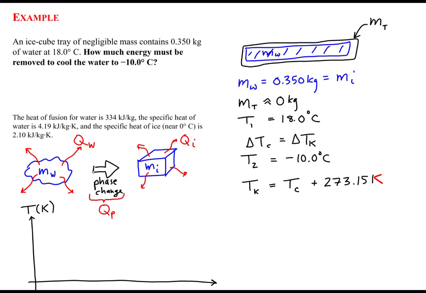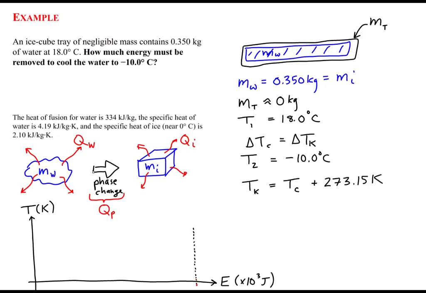The horizontal axis will correspond to energy, and we could express our energy in terms of, I guess, kilojoules if we want, since our specific heats are in terms of kilojoules. Okay, now let's illustrate this process. So I'm going to assume that the mass of the water has a certain amount of initial energy, which I'll start off on the right side of the graph.